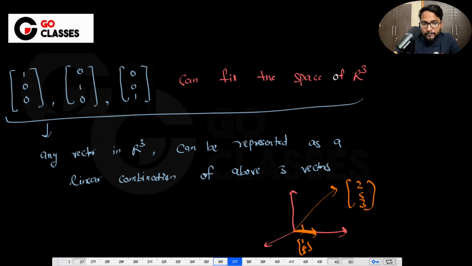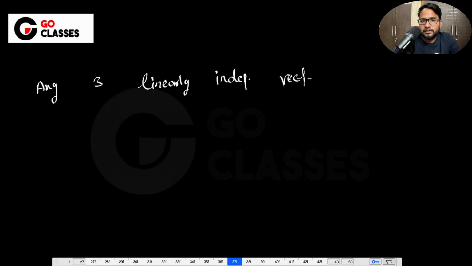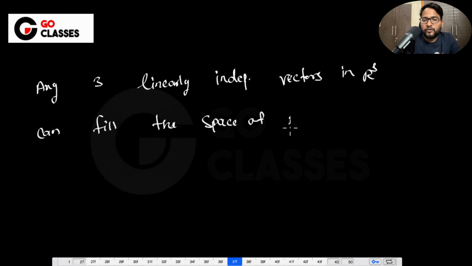In fact, any three linearly independent vectors in R3 can fill the space of R3.